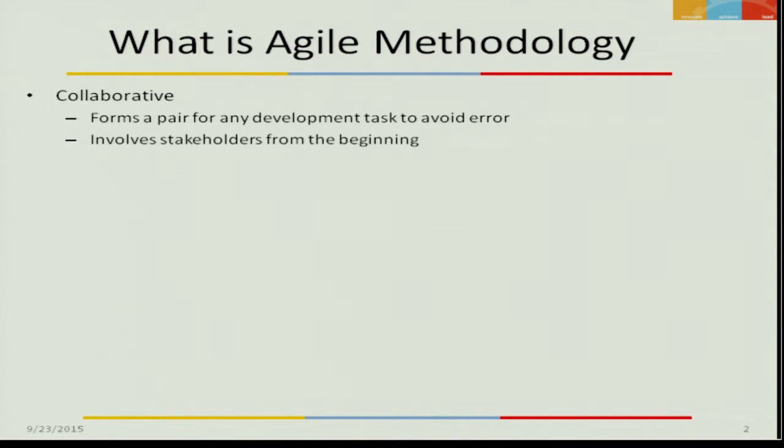Another important thing is that this approach involves the stakeholders of the system, and they are involved from the beginning. If you recall, in our software architecture course, at the very beginning when we introduced software architecture, we had spent quite a bit of time highlighting the importance of stakeholders.